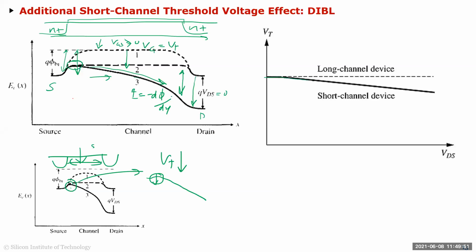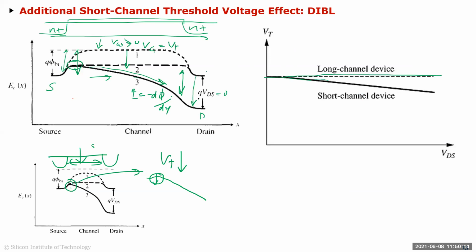Here I've shown a graph for the long channel. As your VDS is increasing, your VT is constant. It is not changing. But for the short channel, as your VDS starts increasing, your effective VT also changes, and that's captured in your VT equation, in your VT models. That's what's called drain induced barrier lowering.